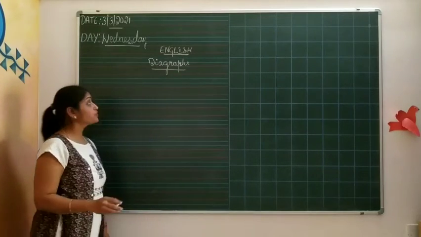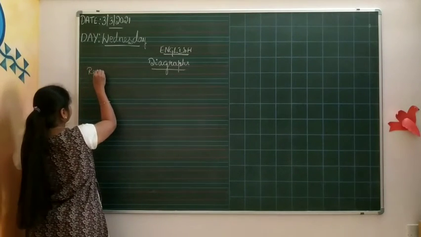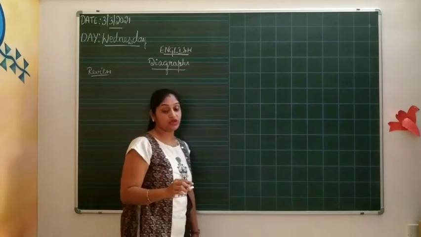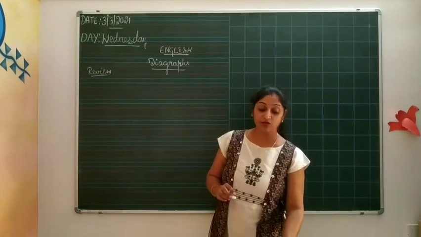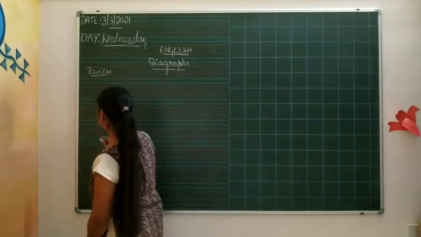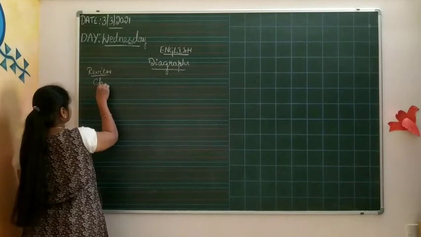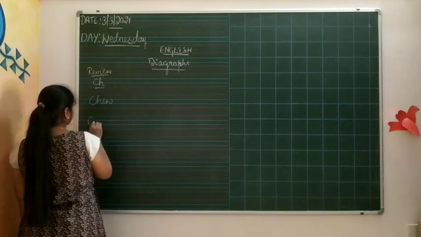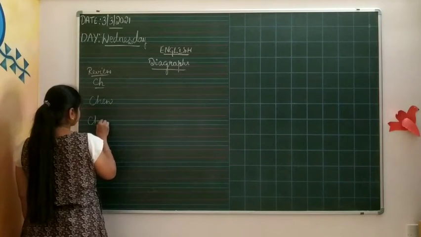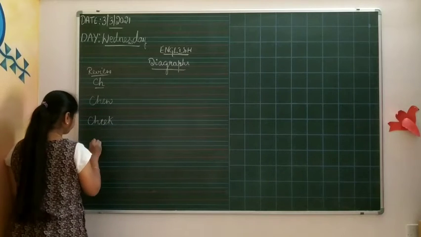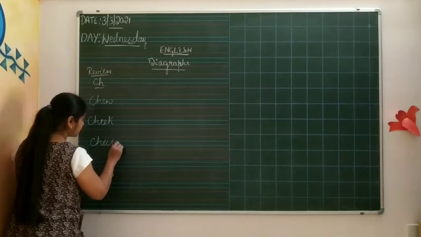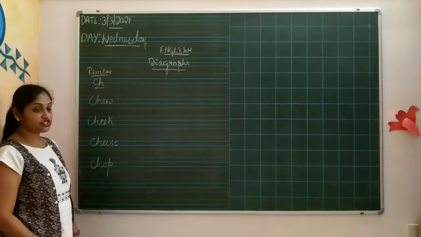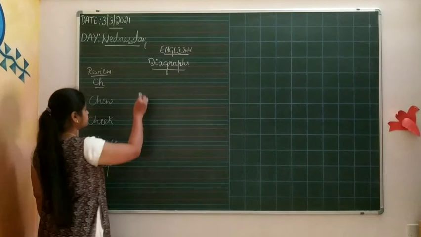In diagrams today I am going to reveal all the things I have done till today. All the diagrams I did, I am going to reveal to you. What are those? CH, CH, T, cheek, cheese, chop, cheese, chop. Next is SH, shoe.